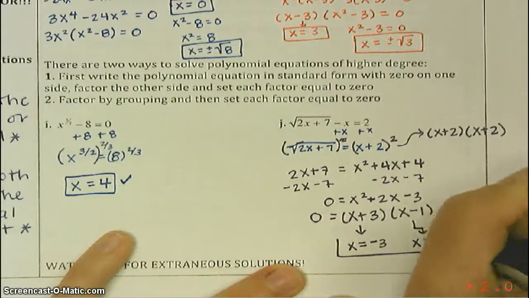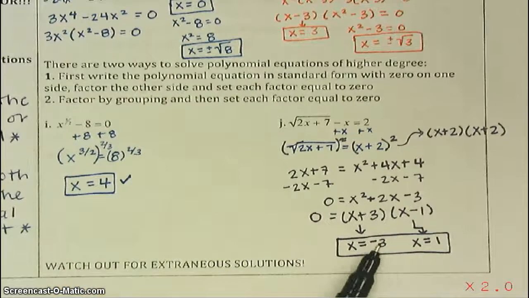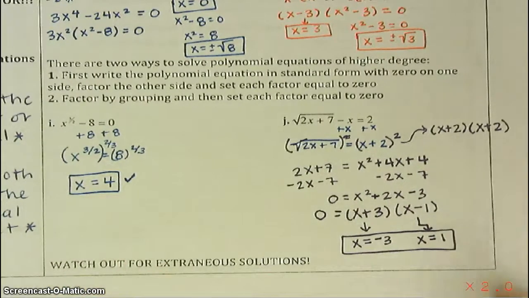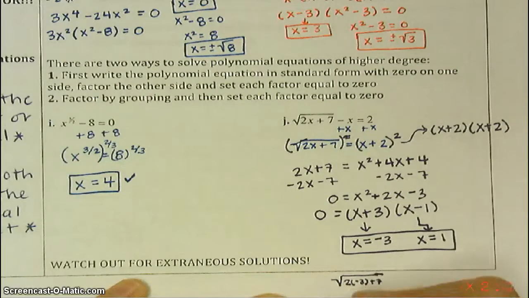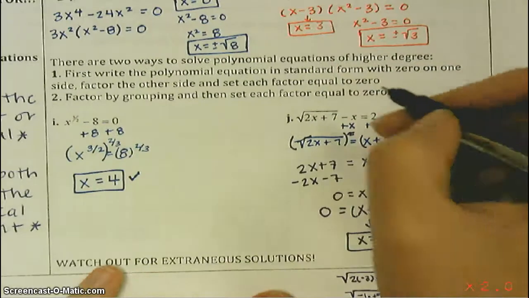Once you get these, especially with radicals, it's really key. If you ever get negative numbers, try plugging them back into this radical. What happens is that you're going to get the square root of 2 times negative 3 plus 7. This is the square root of negative 6 plus 7. Oh, I guess there's more to it.